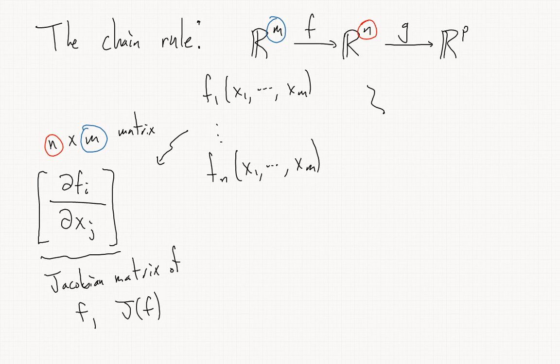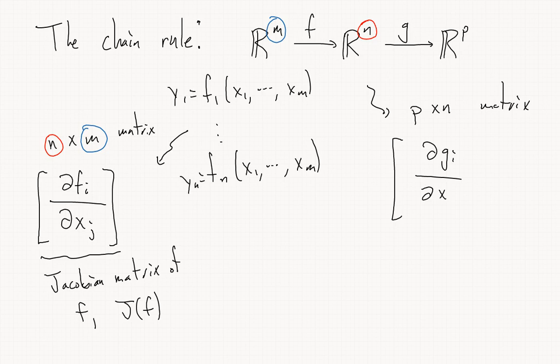And then if we have another function, like g, then g will also give now a p by n matrix, del gi by del yj.